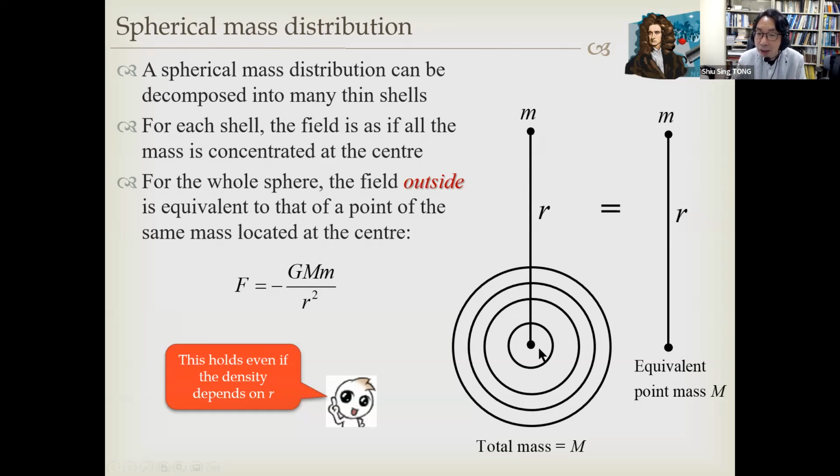So I can imagine all the mass to be concentrated as an equivalent point mass M, and the force is exactly given by this. And that holds even if the density depends on r. As long as the density does not depend on angle, it only depends on r, this argument will still apply.